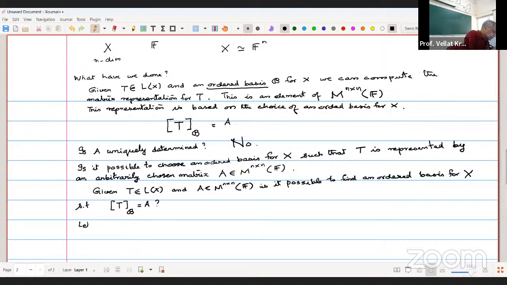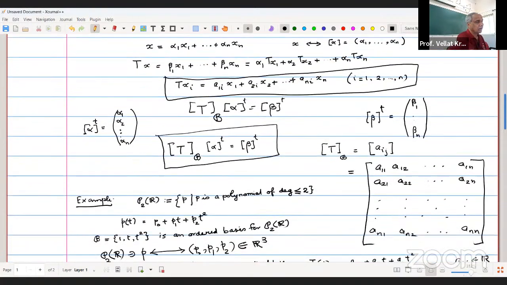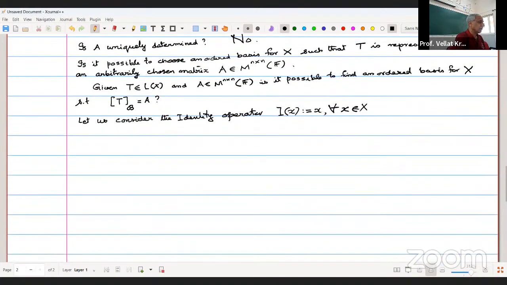Let us consider the identity operator I on X, defined by I(x) = x. Then I is linear.